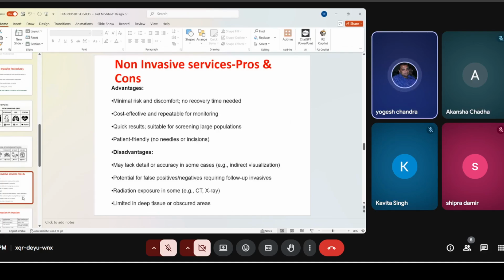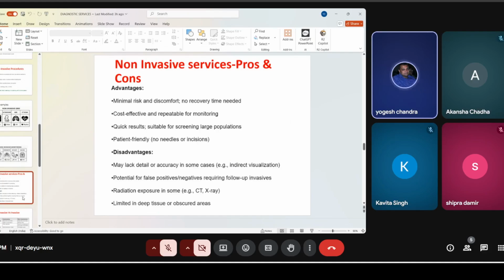That's why I told you this line, no recovery time needed, it is correct if you take a generalized view, but in few conditions you also need some kind of observation period after giving this dye. Otherwise, there are chances that a patient reacts.